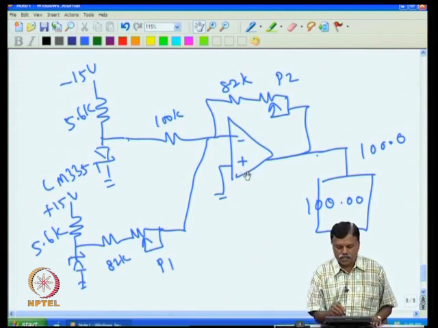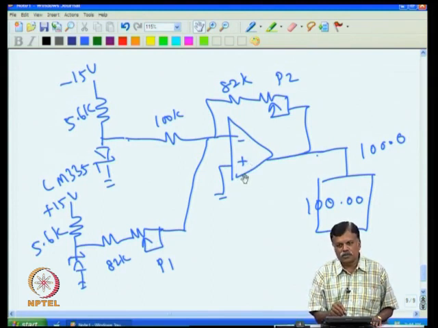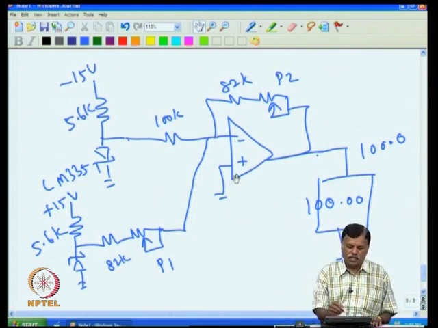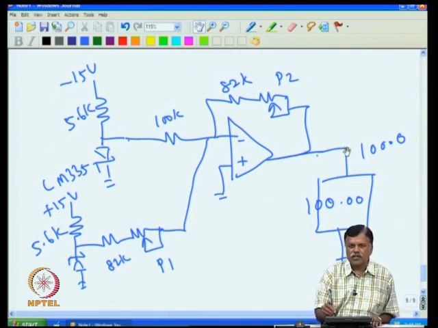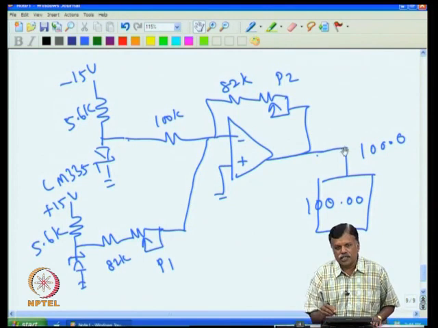parameters are drifting. And that is the error budgeting, because error budgeting is very important in analog circuits. Just designing this circuit is not much use, because if these components drift quite a lot, and at 100 degree C instead of going to 100, it goes to 120, then you have a 20 degree error, and that will ruin the entire design.